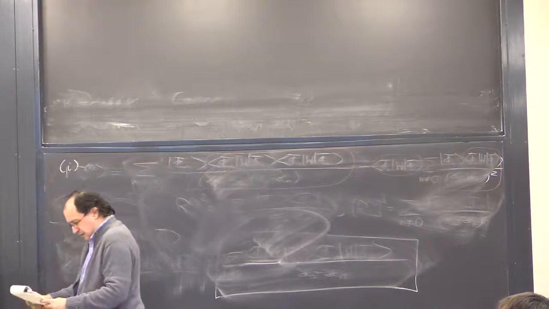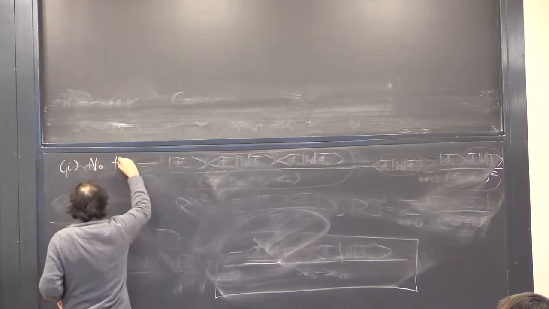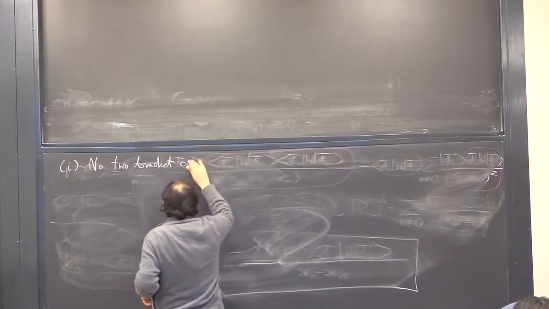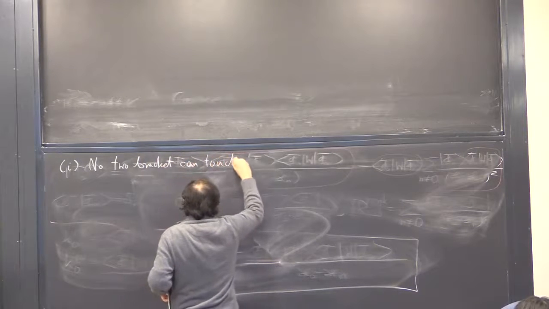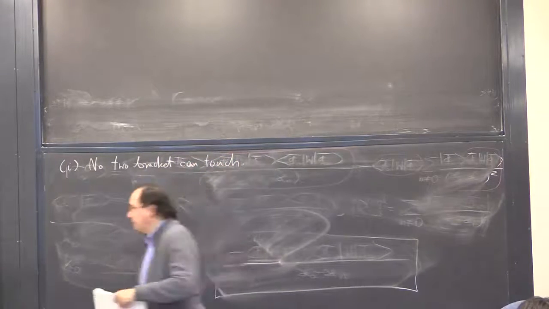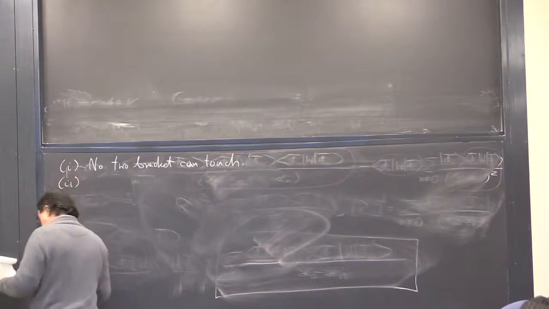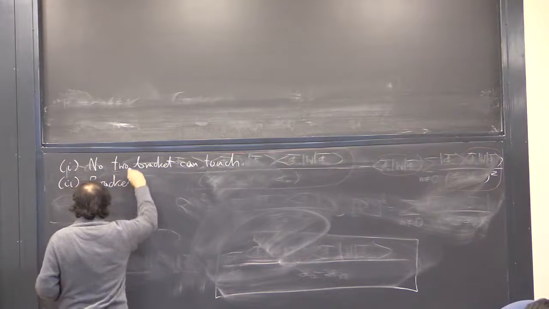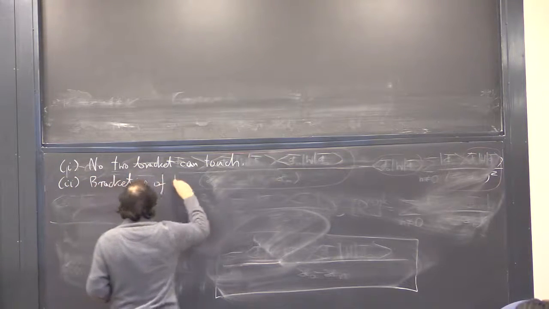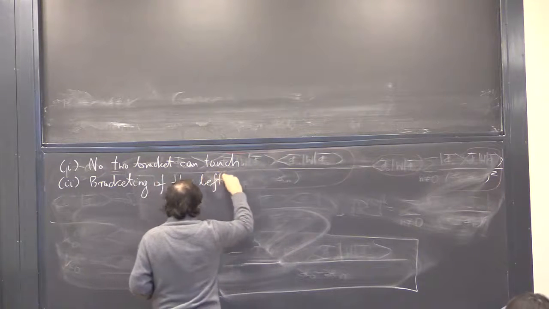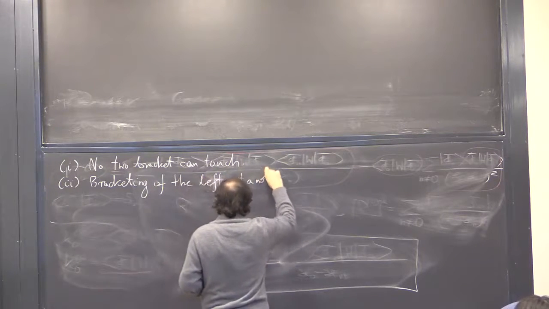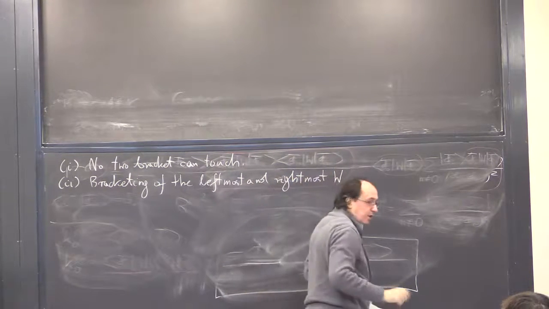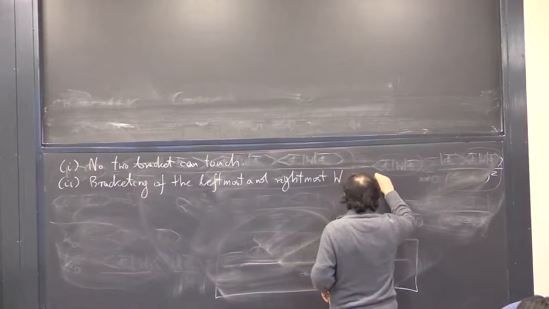First, no two brackets can touch. Let me first list those rules and then I'll explain. Second rule: bracketing of the leftmost and rightmost W, the perturbation operator, is not permitted.